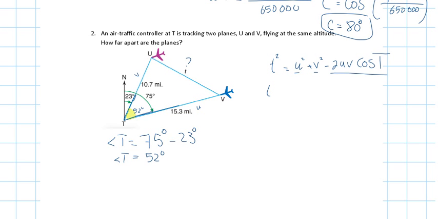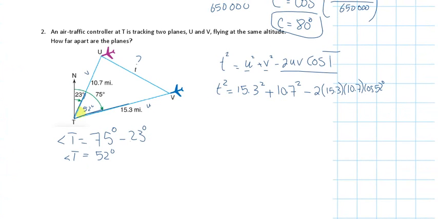So U is, we'll talk about it a little bit more, 15.3 squared plus... entering this in the calculator, you either have to enter it all together.